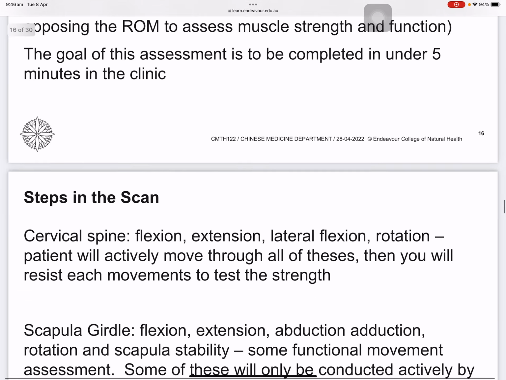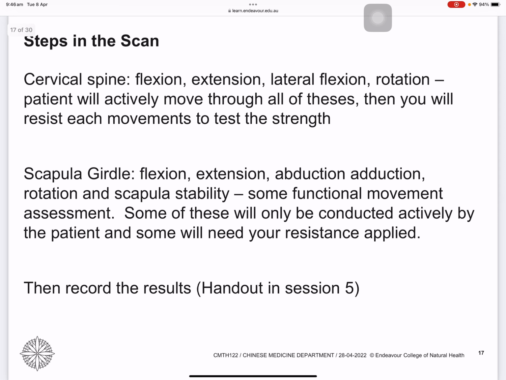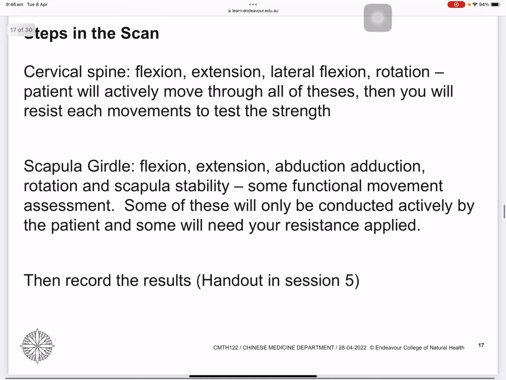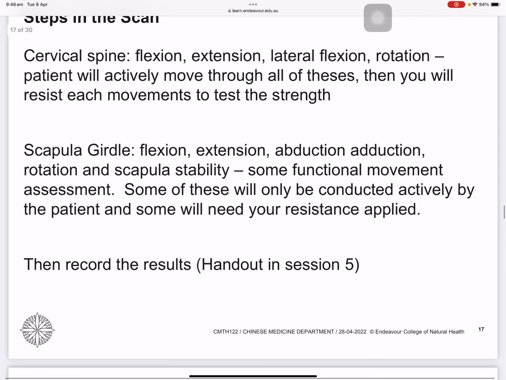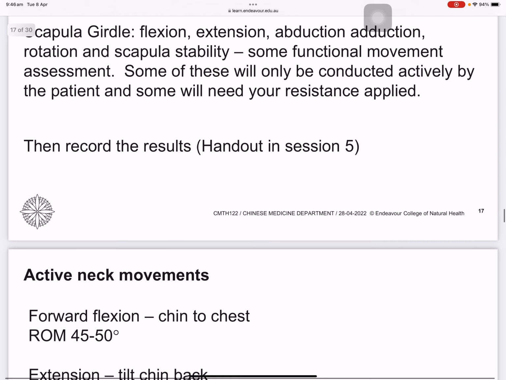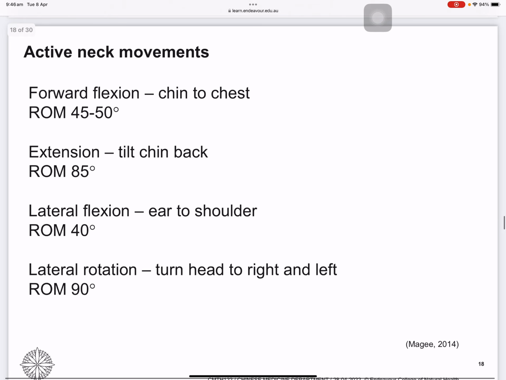Right. The step in the scan is usually we check the cervical spine first and the scapular girdle. Then I will tell you the normal range of movement of the neck.